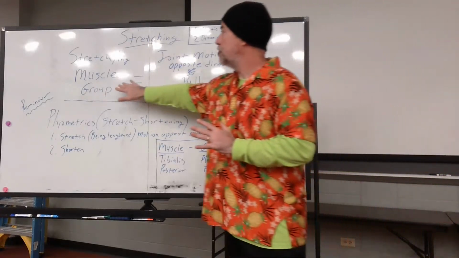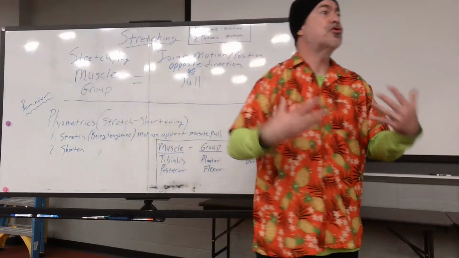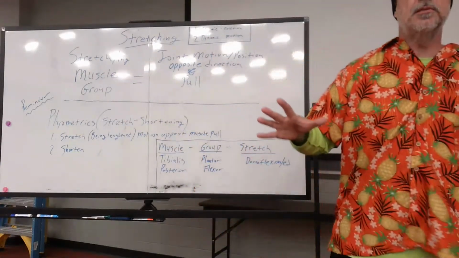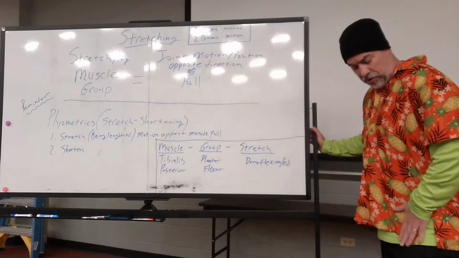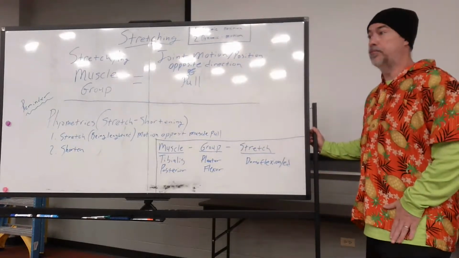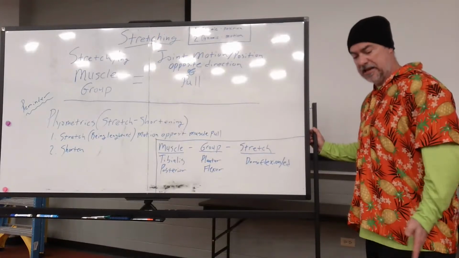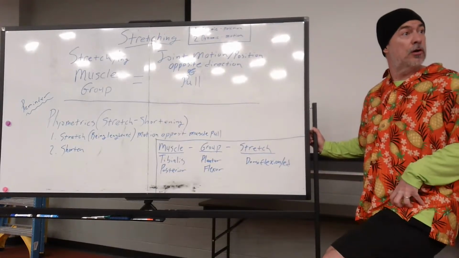So stretching in terms of a muscle group, who are you stretching? Super simple. If you're looking at muscles that pull in the direction of hip flexion, hip flexion pullers, it makes sense that any flexion you have, those hamstrings are actually going to get shorter.